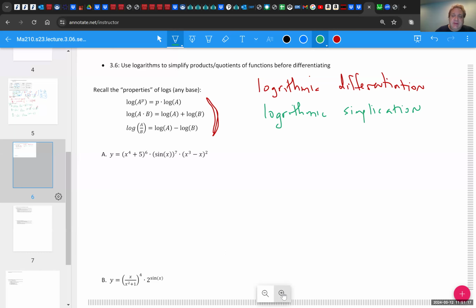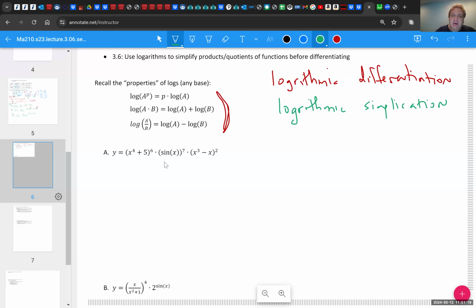All right, so my first example, labeled A over here, I have x to the fourth plus 5, this thing raised to the sixth power. It's being multiplied by sine x being raised to the seventh power, and it's being multiplied again by x cubed minus x to the second power.